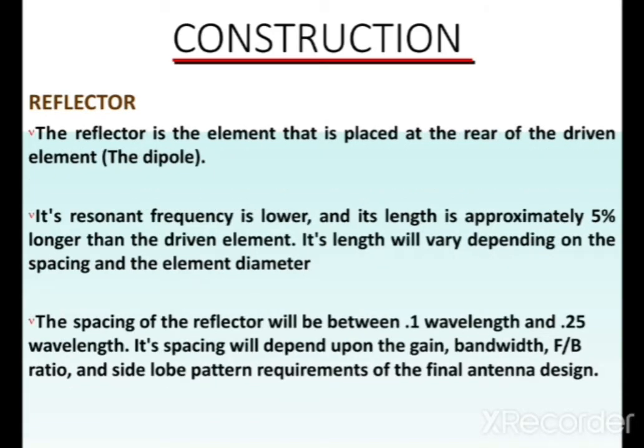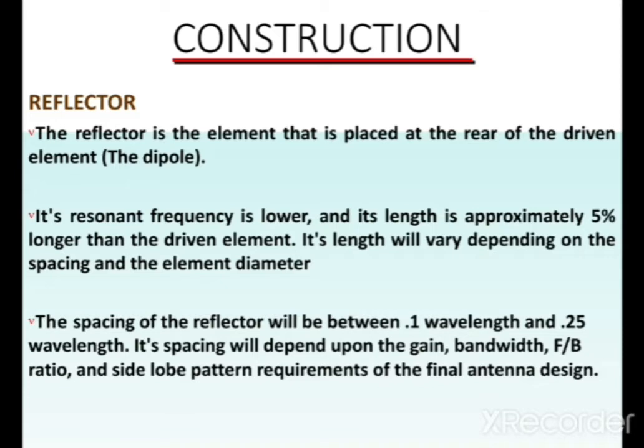Now we will come to the reflector. The reflector is the element that is placed at the rear of the driven element, the dipole. Its resonant frequency is lower, and its length is approximately 5% longer than the driven element. Its length will vary depending on the spacing and the element diameters.